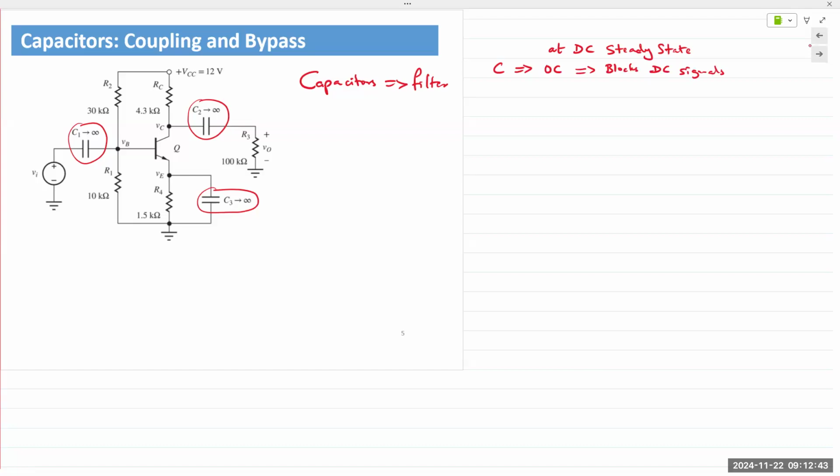Capacitor behaves like an open circuit, and it blocks all the DC signals. Now, at the same time that it blocks DC signals, the capacitor will behave like a short circuit and permits AC signals to pass through. Okay, permits AC signals to pass through.